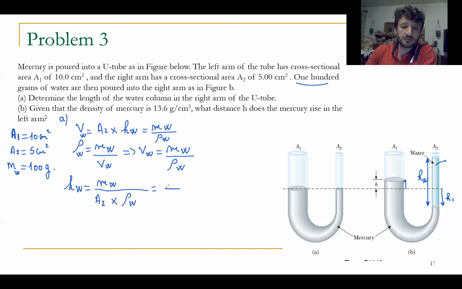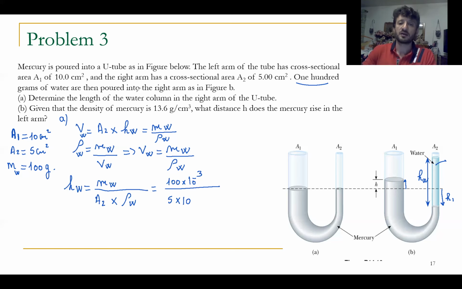We get m water equals 100 gram times 10 power minus 3 to have the unit in kilogram, divided by A2 equals 5. Anyway, we can put the unit in gram and centimeter to have finally the height in centimeter.